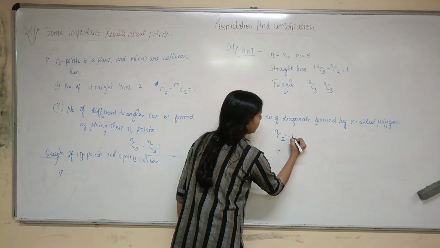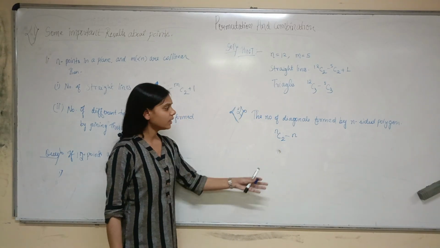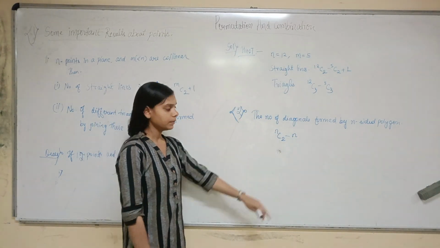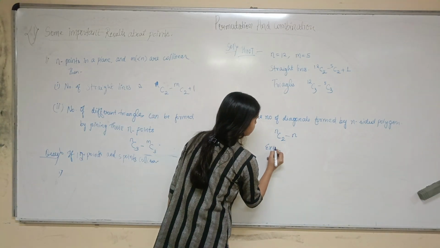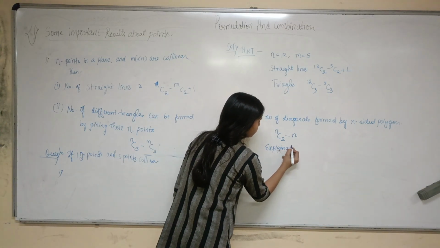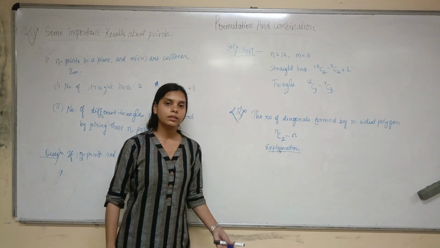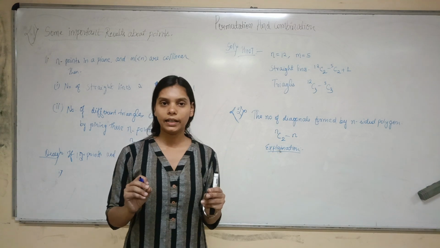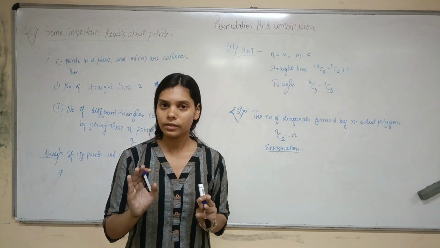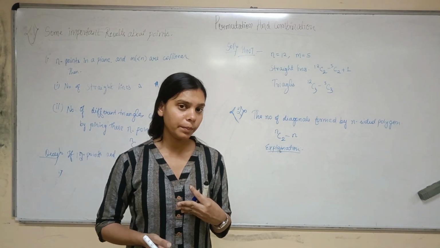nC2 minus n. Now the question arises: how will this formula come? The explanation will be: for finding a straight line, we need 2 points, right? And the total number of points will be n.